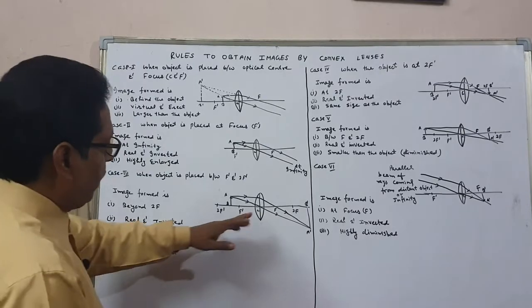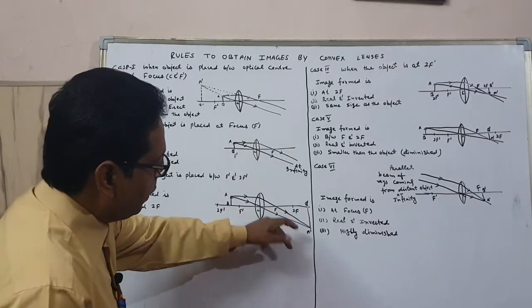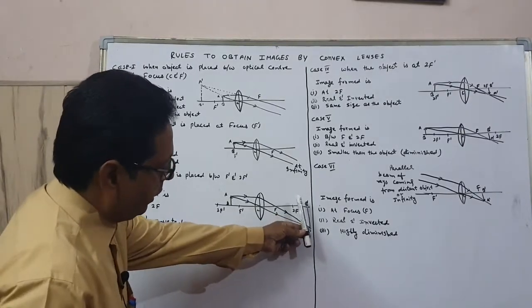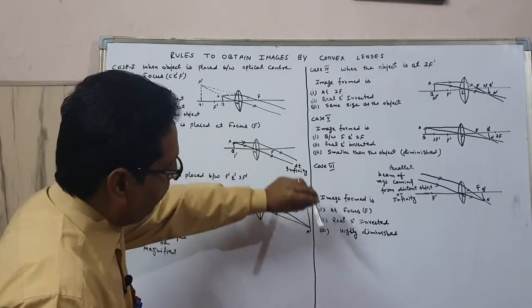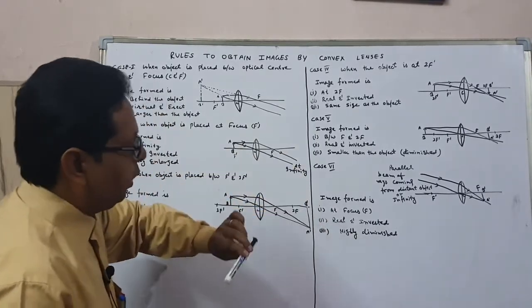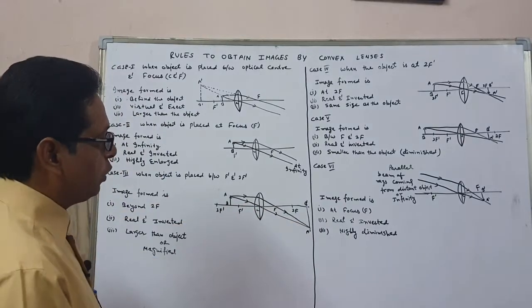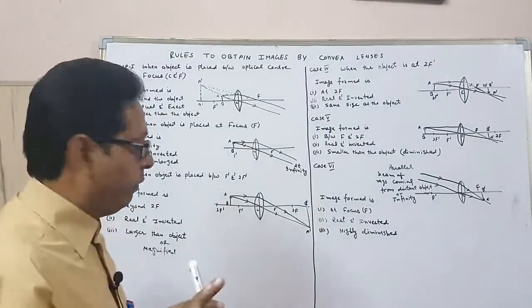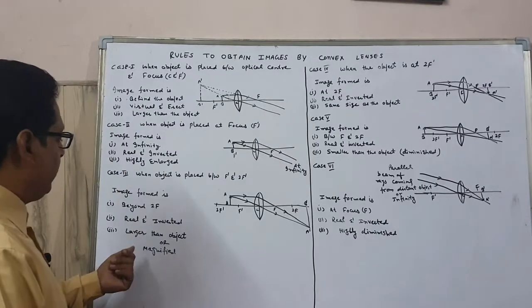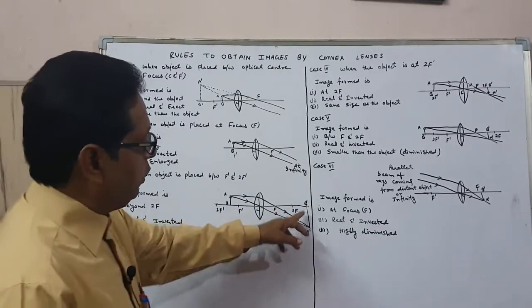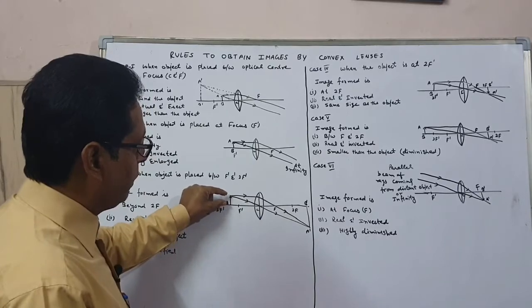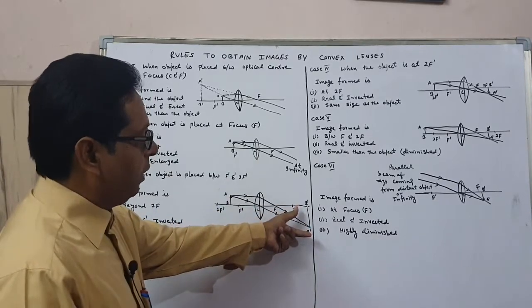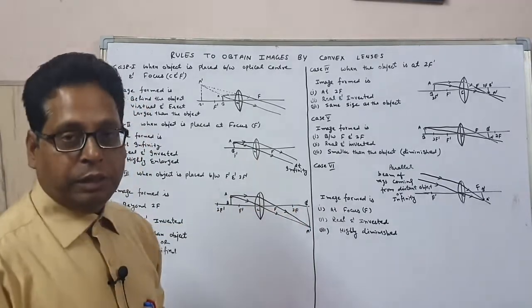So the image is formed real and inverted. The object is above the principal axis, and the image is below the principal axis. So this is a real and inverted image, and as you can see, the object had the original size like this, and the image is formed in larger size.